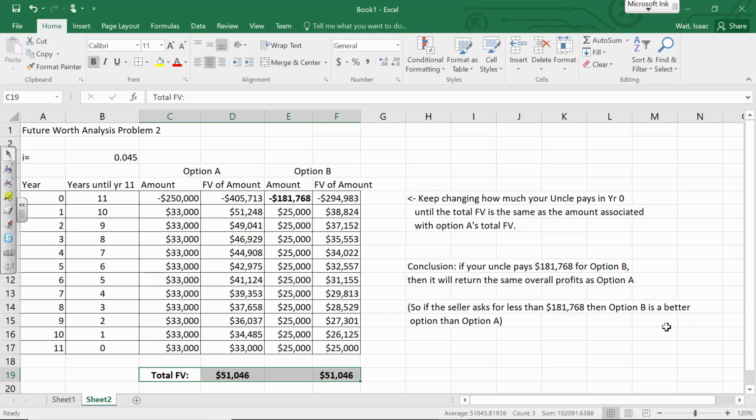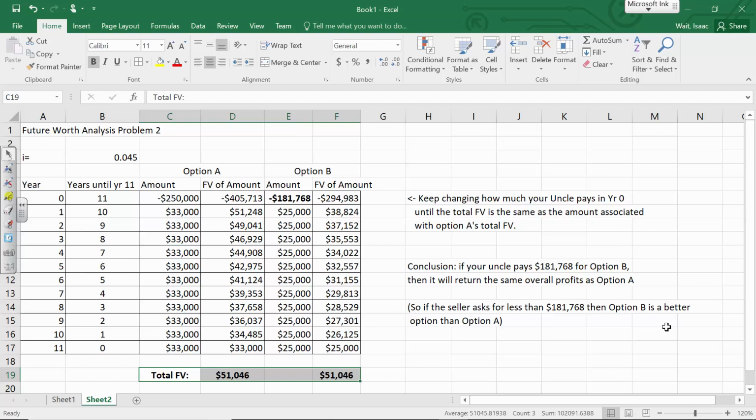That means that your uncle, if he's just paying this $250,000 out of pocket, you know, this wasn't borrowed money, not only is he making 4.5%, but he's also making an extra $51,000 in future terms over and above the 4.5% profit. So this means even if you did have to borrow at 4.5% in order to finance this opportunity, it would still be profitable. So it's definitely a thumbs up on option A.